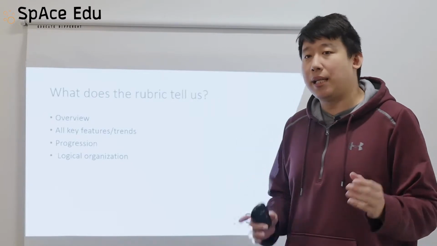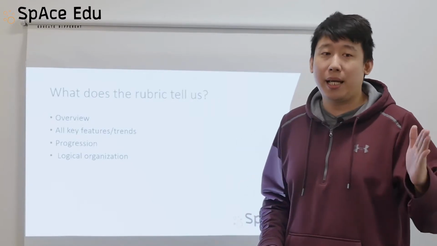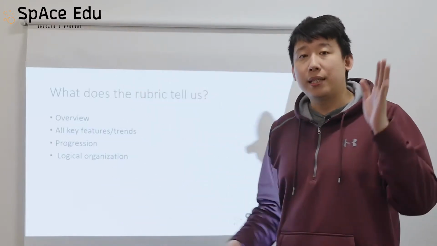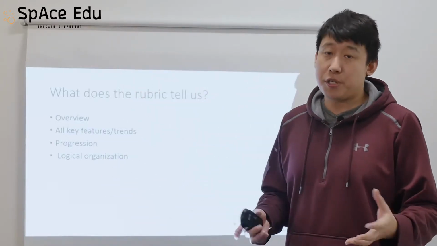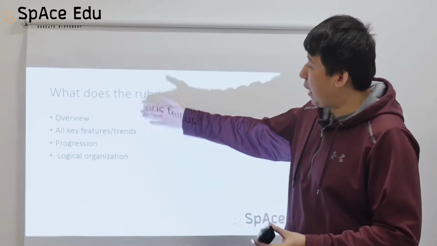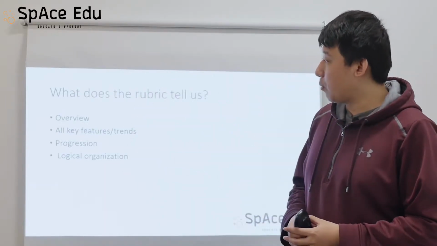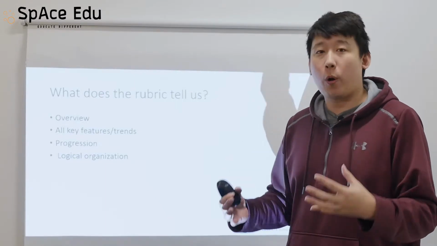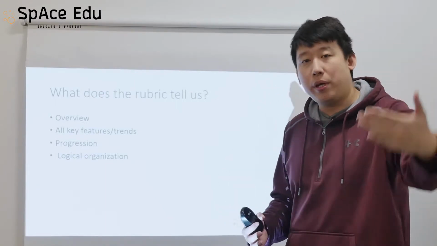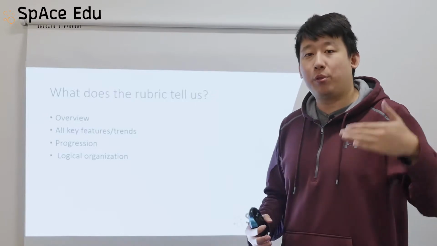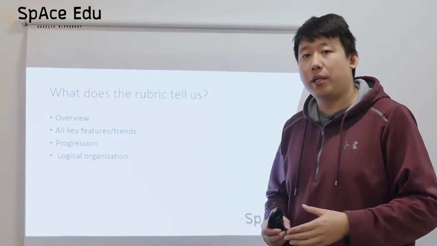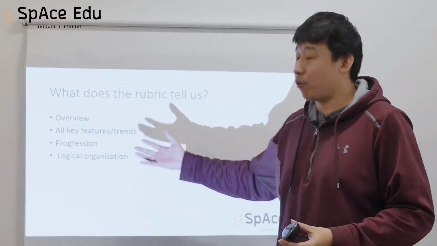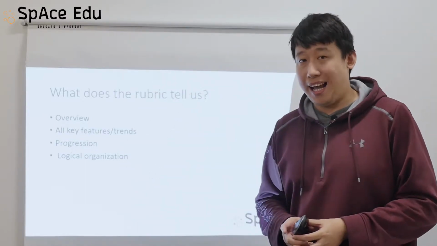It simply means that you have to be able to present from general information to very detailed information. That is what we call the progression in your writing essays. The fourth part is that you have to be able to present a logical organization, meaning when we are reading your essay, we have to find an easy way to understand your train of thoughts. So this is what we get from the rubric of writing task 1.